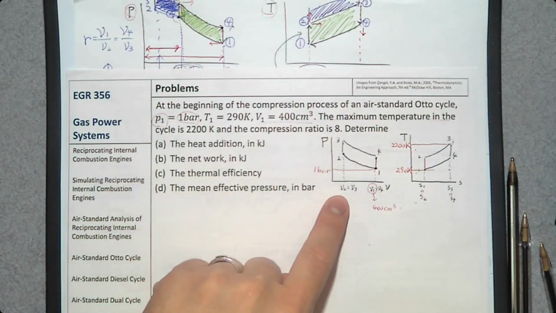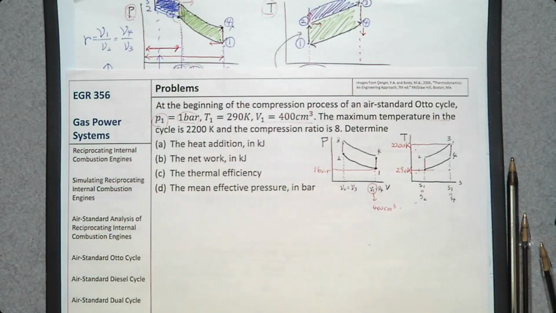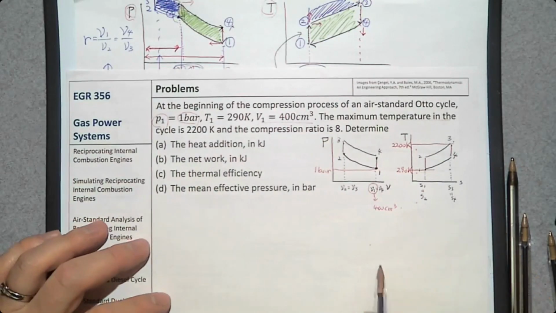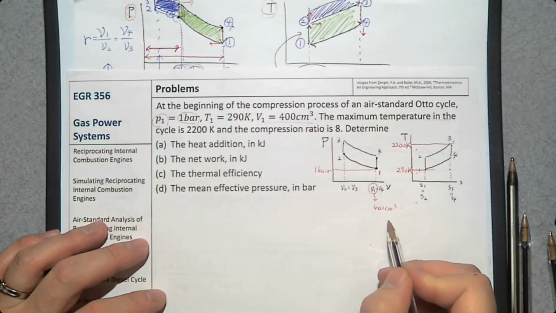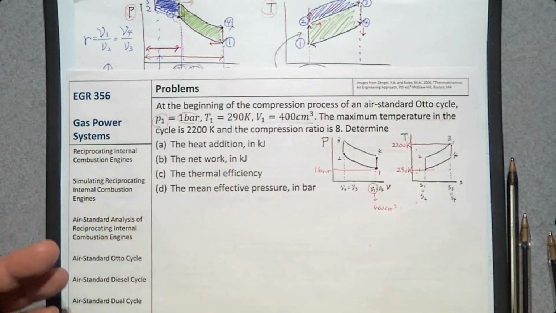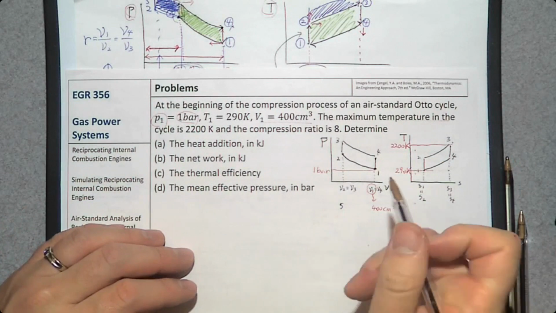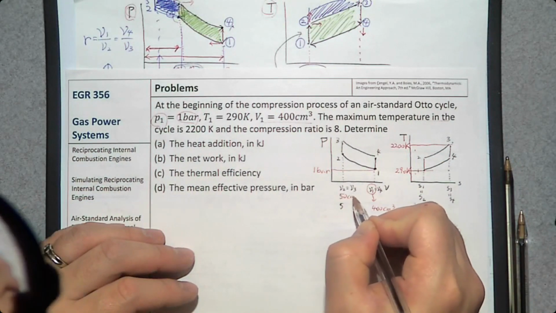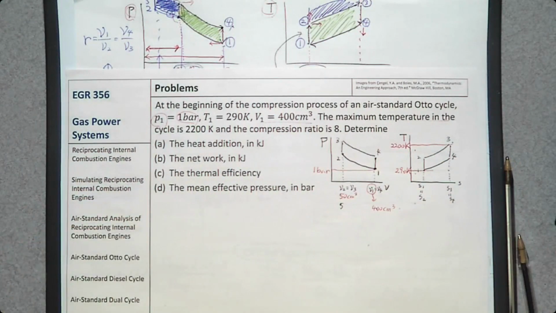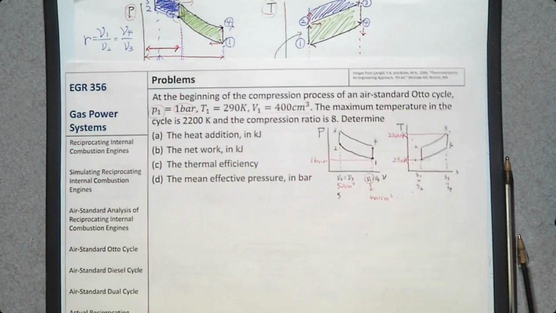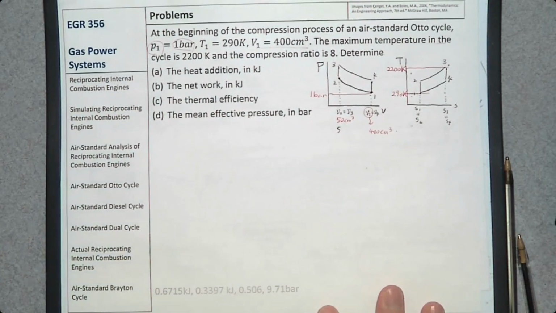So V2 can be found. Where's V2? It's going to be 400 divided by 8. What is 400 divided by 8? Yeah, 50 centimeter cube. So let's solve this problem. We need to determine U1, U2, U3, U4.